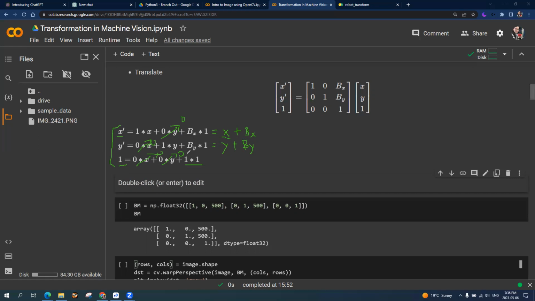But with this way of writing a matrix, you will find that this single 3x3 matrix can represent many transformations, including rotations, scaling, shearing, and many kinds of transformation can all fit in this little 3x3 matrix.